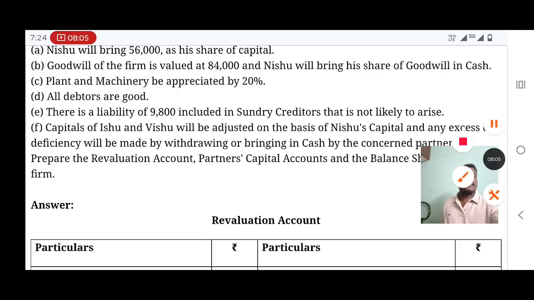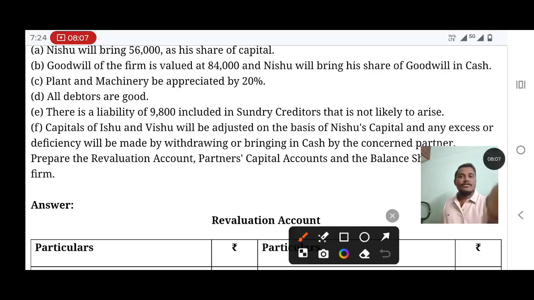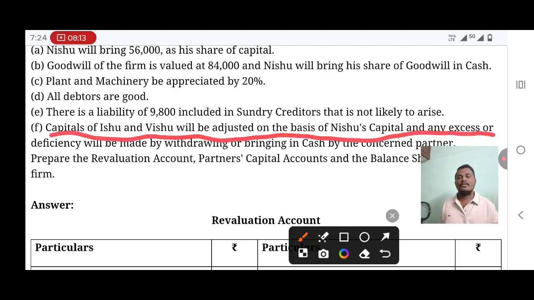Many of them make mistakes in this part. So capitals of ICSE and VISHU will be adjusted on the basis of Nishu's capital. Here I wanted to emphasize this word, Nishu's capital.